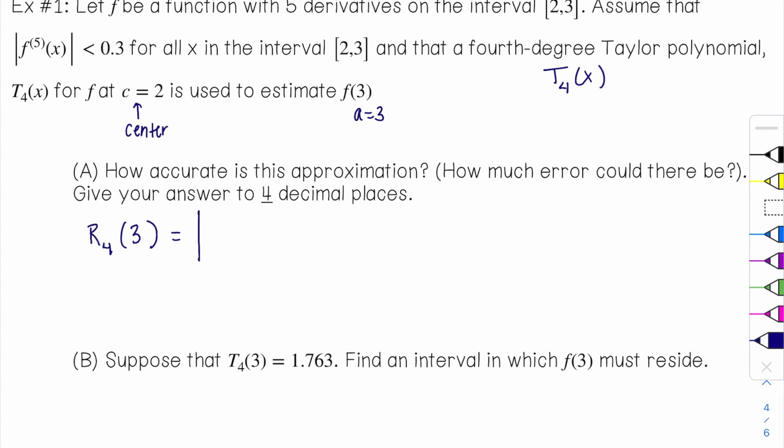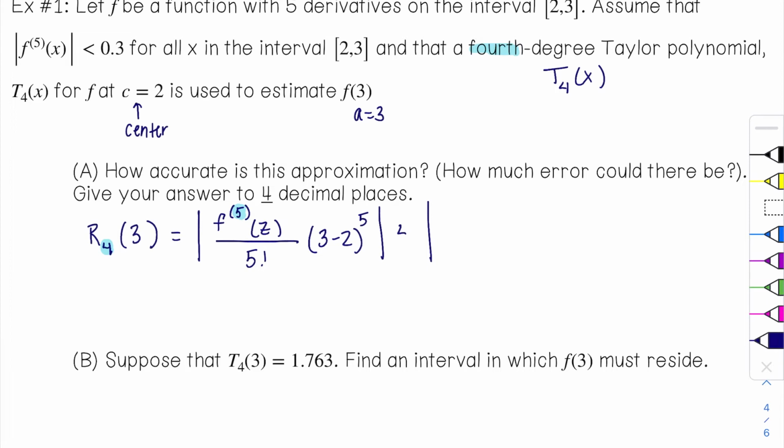It's going to be exactly equal to the absolute value of the fifth derivative, because if we're doing a fourth degree Taylor polynomial, n plus 1 is 5, evaluated at some z value over 5 factorial times a minus c, so I'm going to get 3 minus 2 to the fifth power. Now, we don't know what the fifth derivative of z is equal to, so we know that has to be less than or equal to. In this case, we can actually say strictly less than.